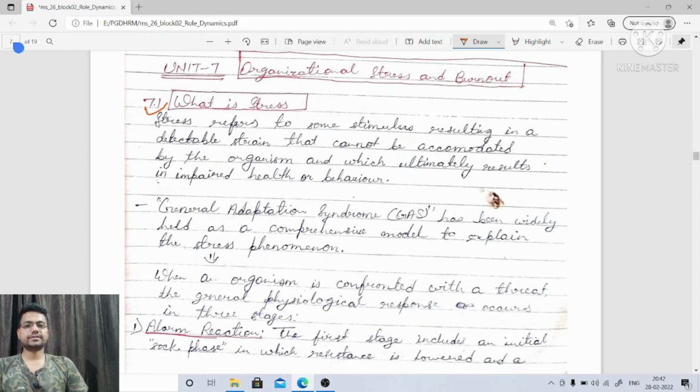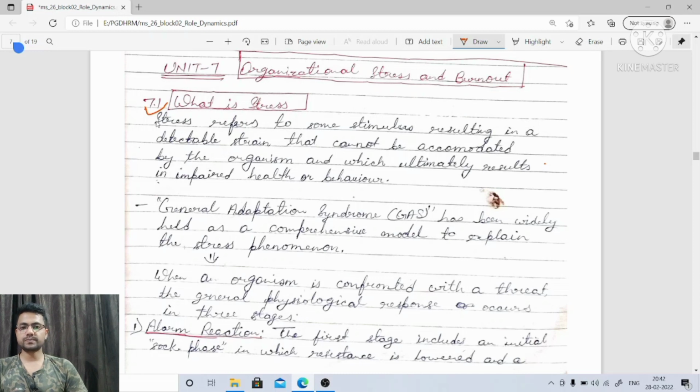So stress refers to stimulus resulting in detectable strain that cannot be accommodated by the organism, and which ultimately results in impaired health or behavior. Now try to understand what stress refers to: some stimulus.